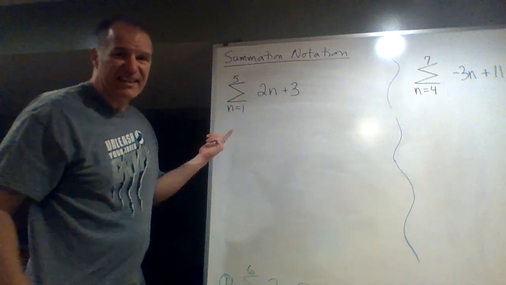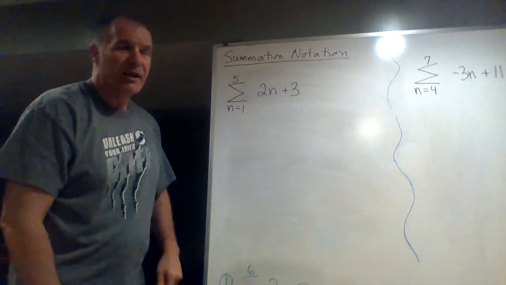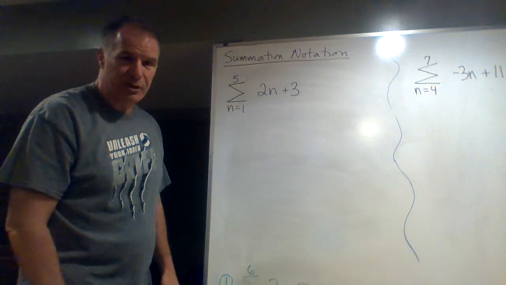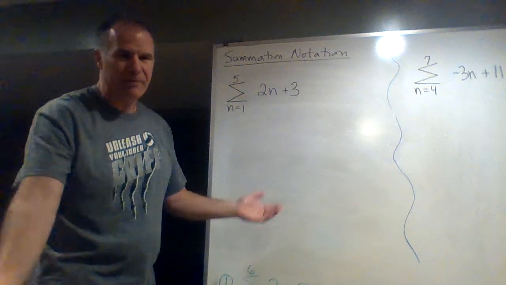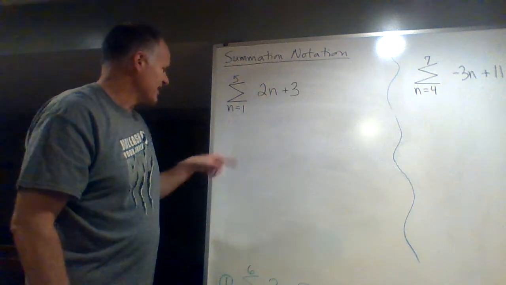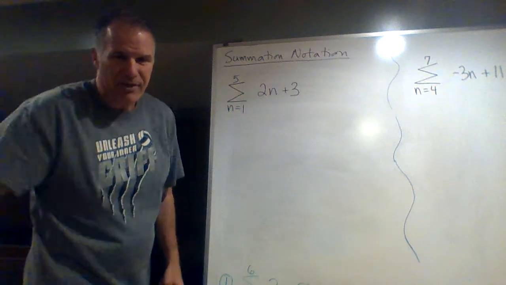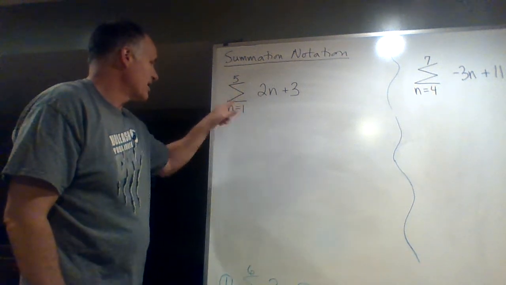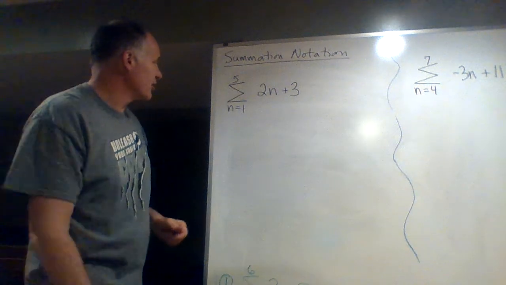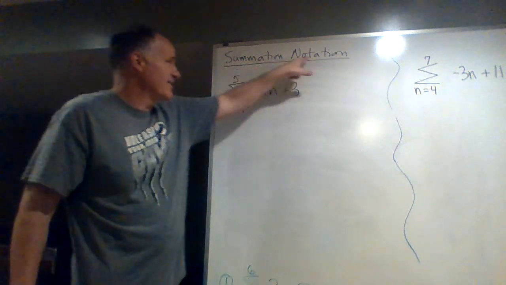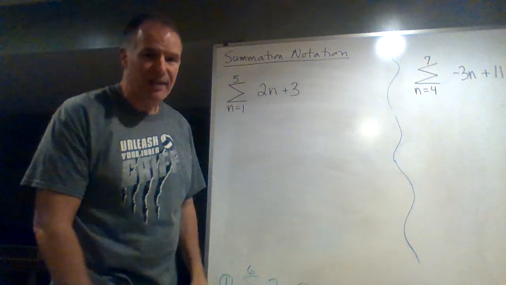You might have seen sigma letters in fraternities and sororities, like Sigma Pi. Sigma is this big E-shaped thing. That's a sigma letter, and that is what they came up with for summation notation.